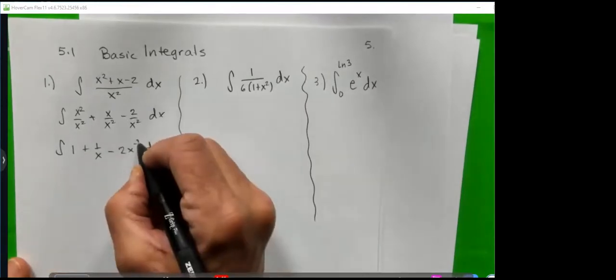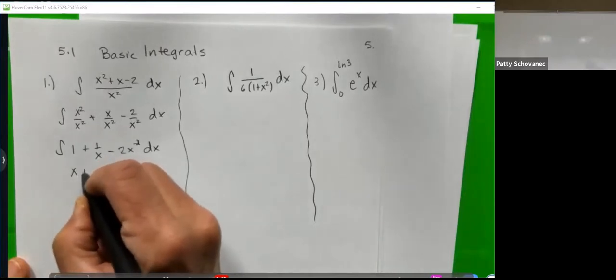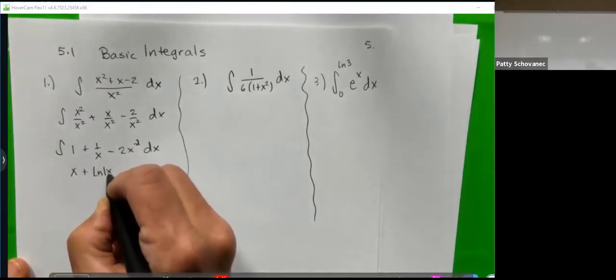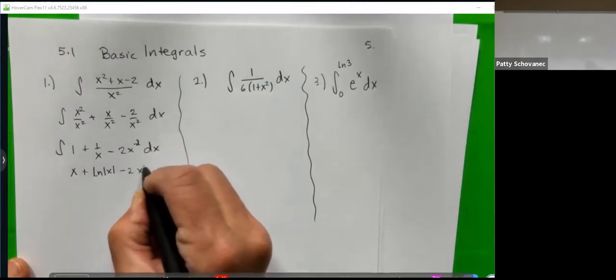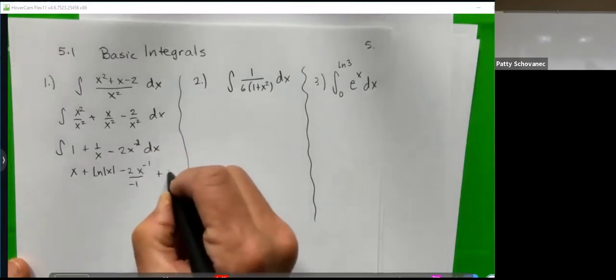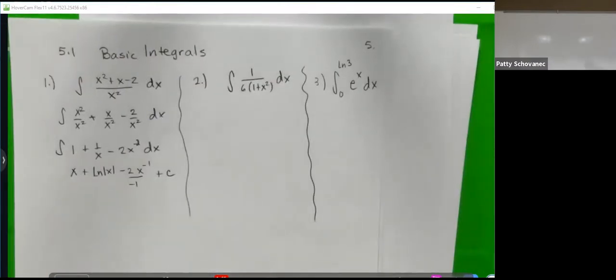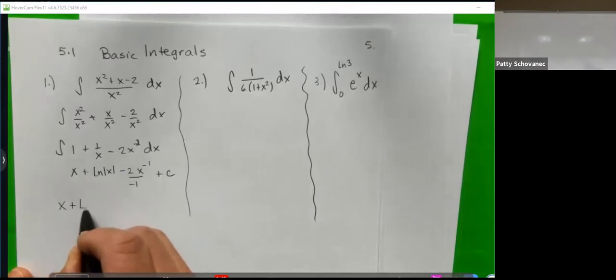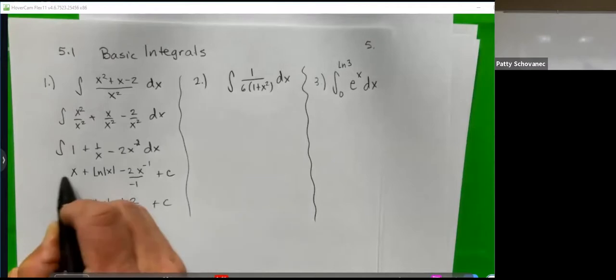Integral of 1 is x. 1 over x is our special one. That's the natural log of x. Here we'll add 1 to the power, divide by the new power, and then tack on a plus c. So some version of that: x plus the natural log of the absolute value of x plus 2 over x plus c.